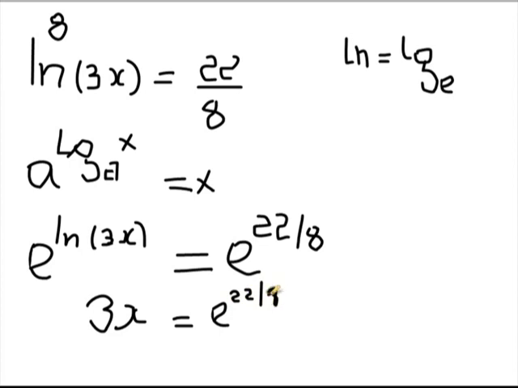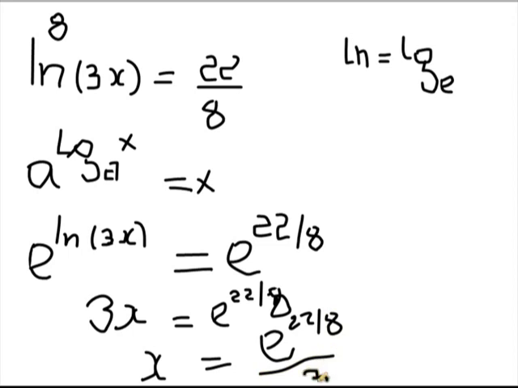And then finally I can say x equals e to the power of 22 over 8 divided by 3. That's the final result.